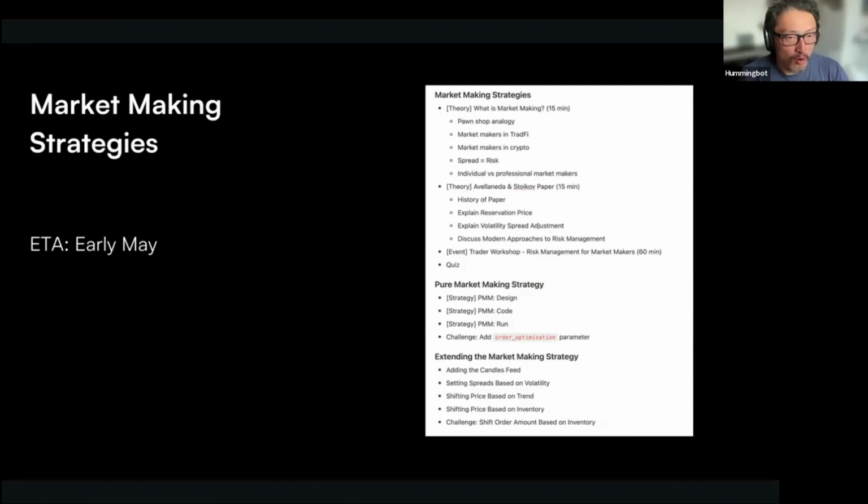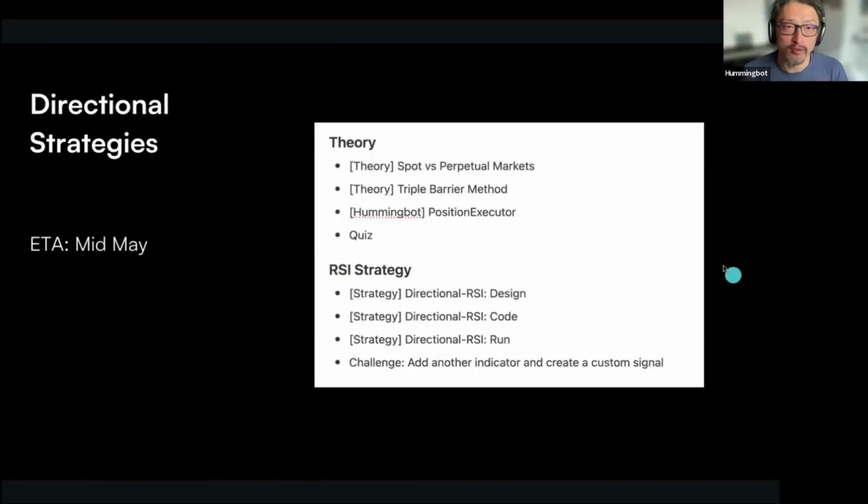The third one we have is called Directional Strategies. This one is similar to the other ones. The first part is going to be theory. We'll talk about the differences between spot and perpetual markets. We'll introduce the triple barrier method and talk about why that was created. The triple barrier method is a technique that was introduced in a book that came out about 7 years ago. It's become like the Bible of quant finance. I think it's called Advances in Financial Machine Learning.